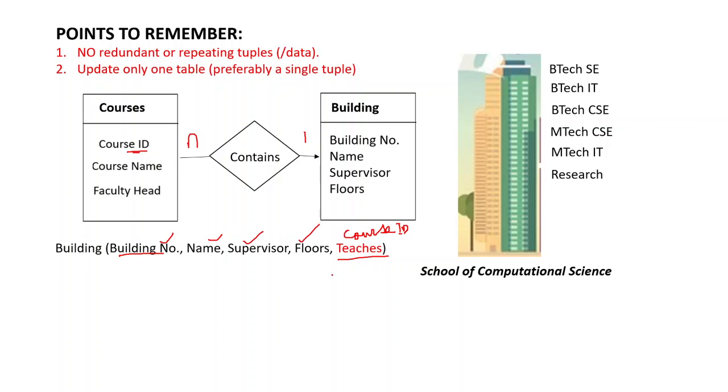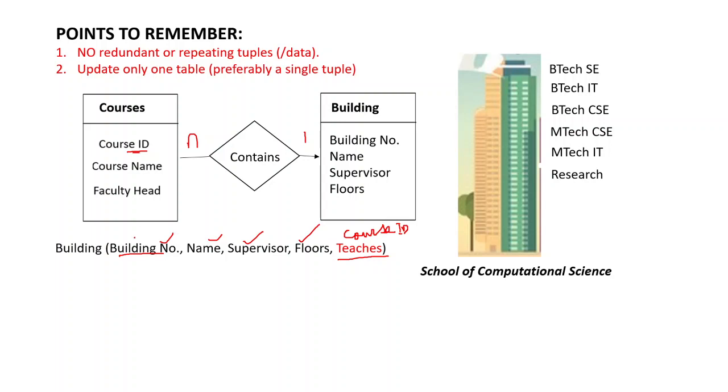Now this course ID, for every single row, will contain just one course ID. So when you are adding the courses relation to this building table, for each course ID there will be one row. In this case there will be 1, 2, 3, 4, 5, 6 rows.